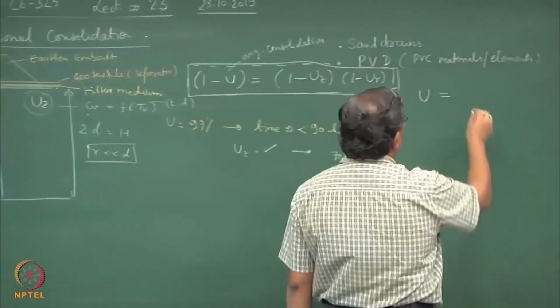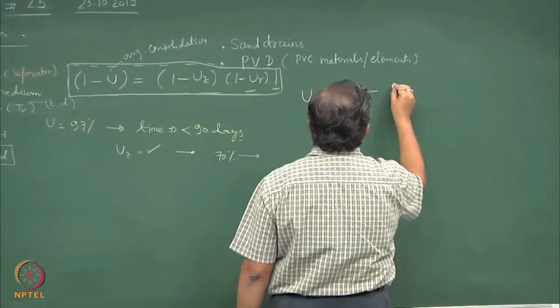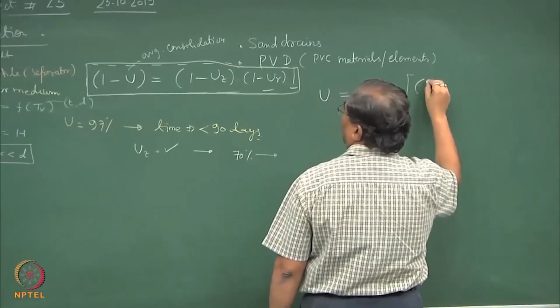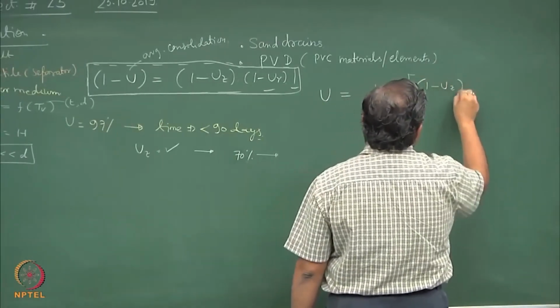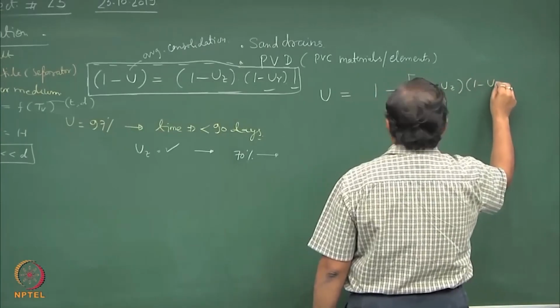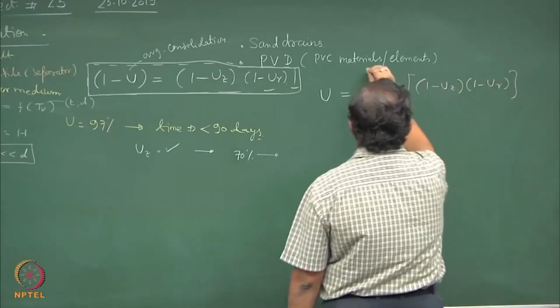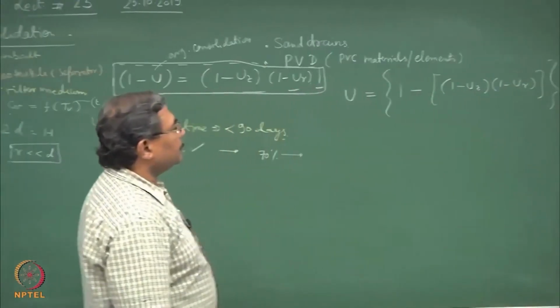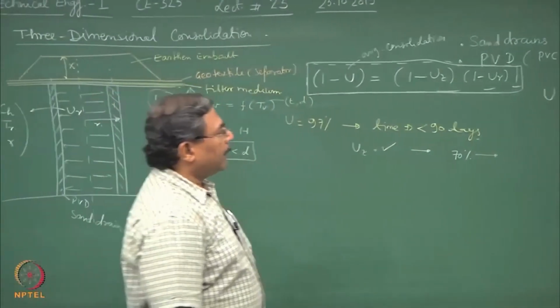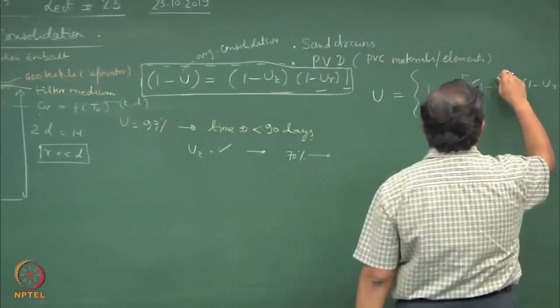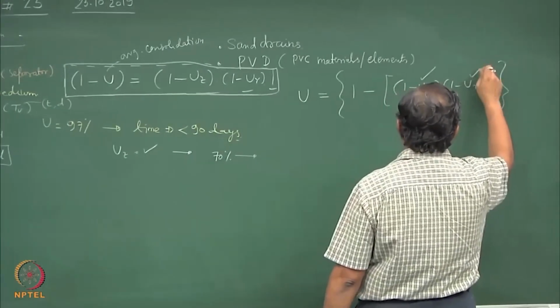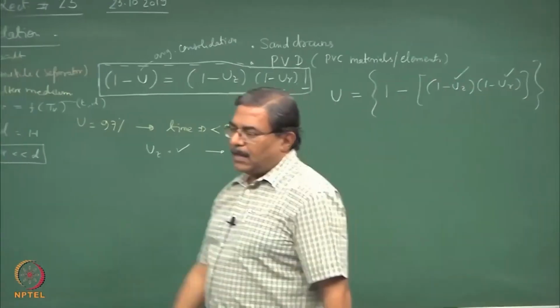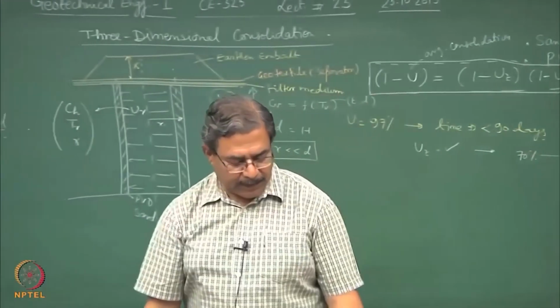So, I can write this as 1 minus U equals 1 minus UZ into 1 minus UR. UZ can be obtained easily by using the vertical consolidation concept. UR I will tell you how to obtain. Is this part okay?